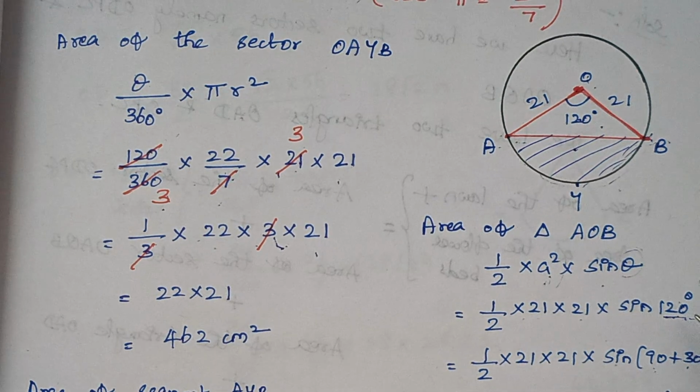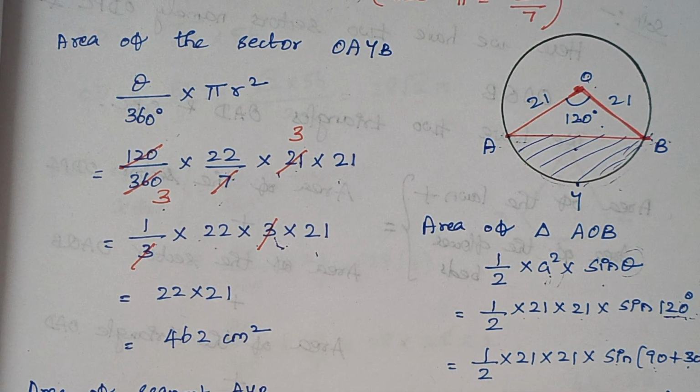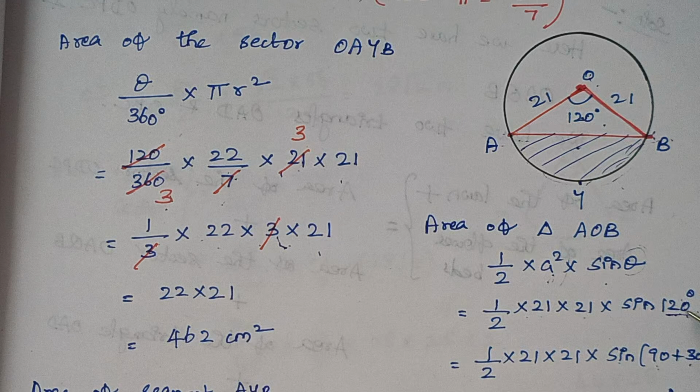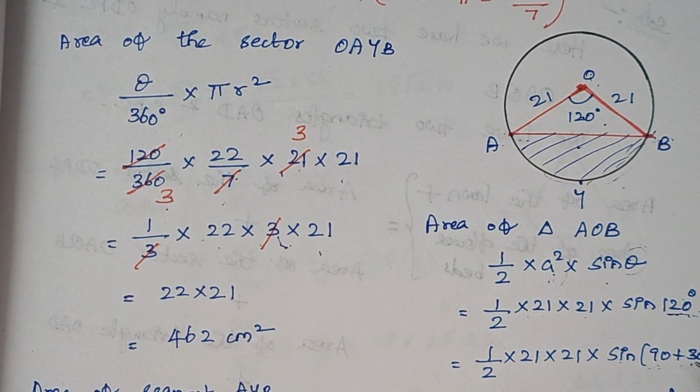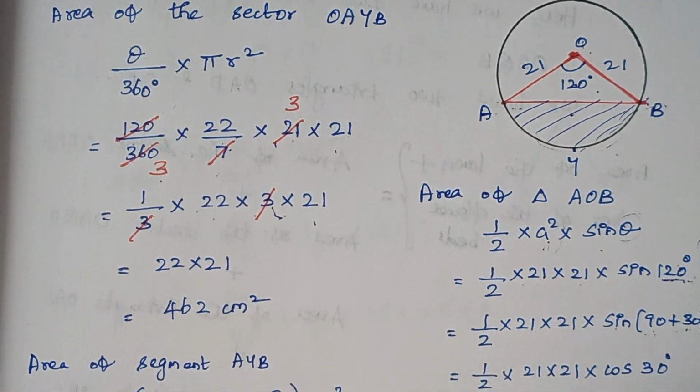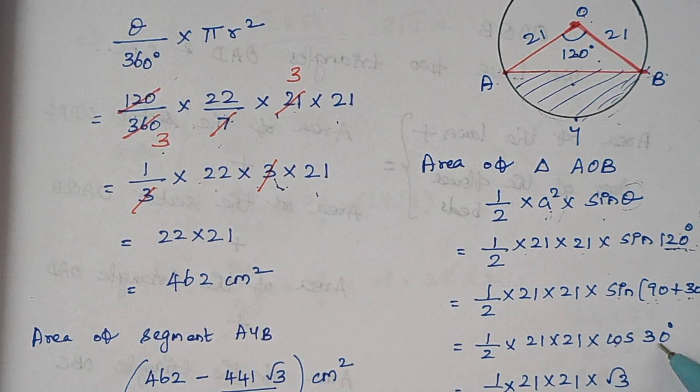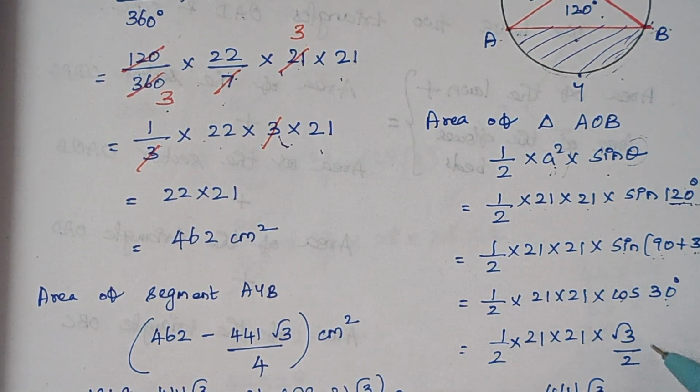Any value greater than 90, you can write in terms of 90 plus. So 120 is written as 90 plus 30. Sine 90 plus 30 is nothing but cos 30 degrees. For cos 30 we have the value, it is root 3 by 2.